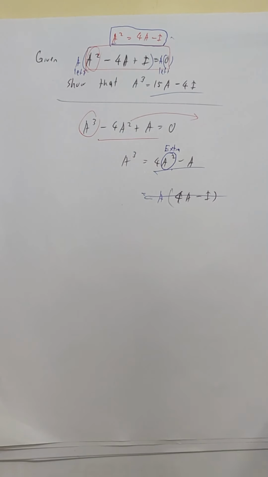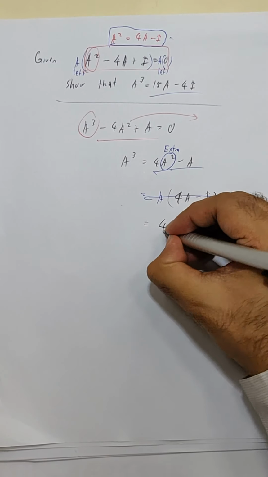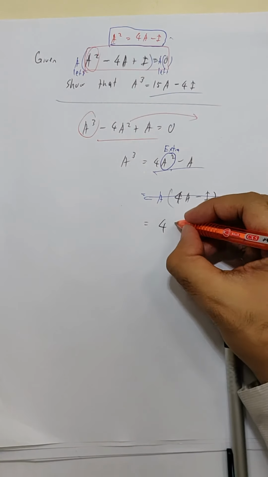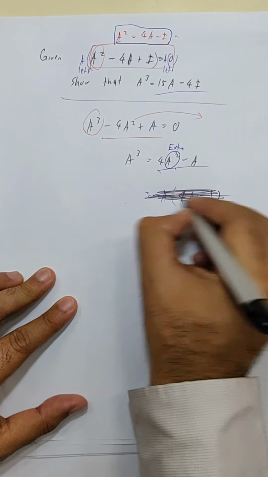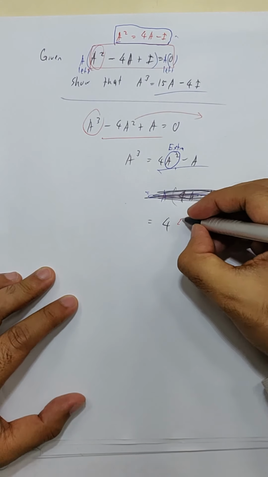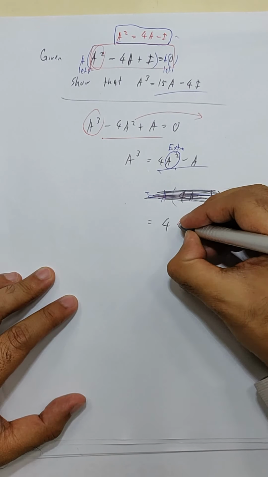So what will I get? 4. Okay, I'm ignoring this one. Continue. So A squared is a 4.